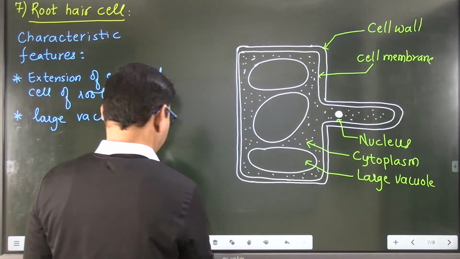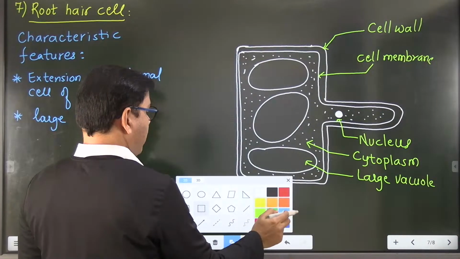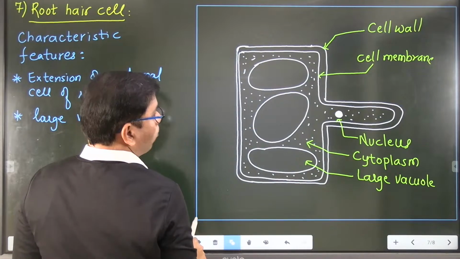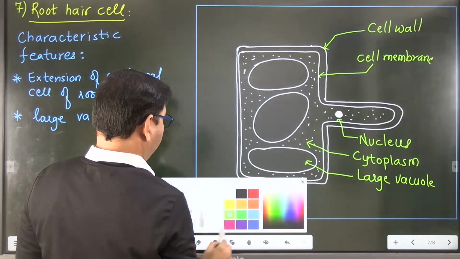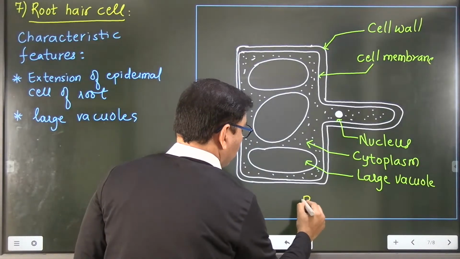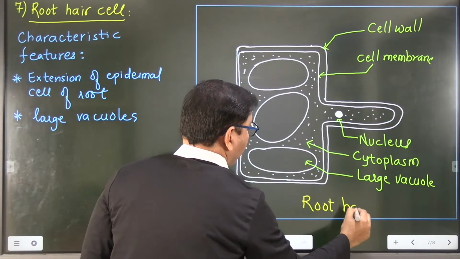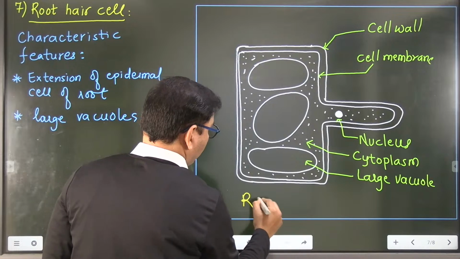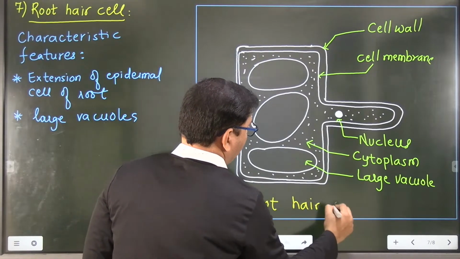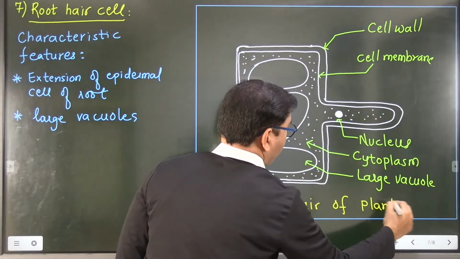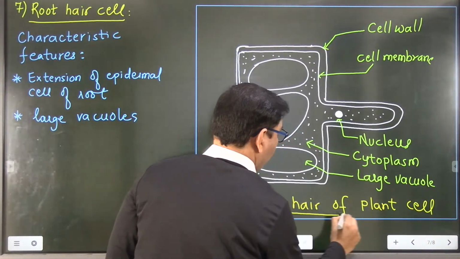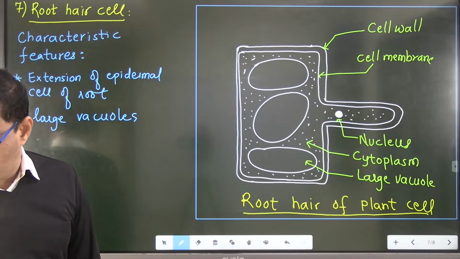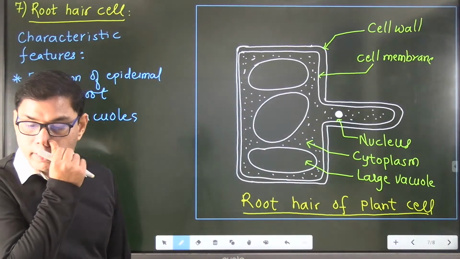And cytoplasm, right? So this is my diagram. Draw a box around it and title it, for which you can use your pen. Root hair of plant cell. Root hair of plant cell. Okay, have we missed out anything, any labeling or anything? No, I think we have covered this.